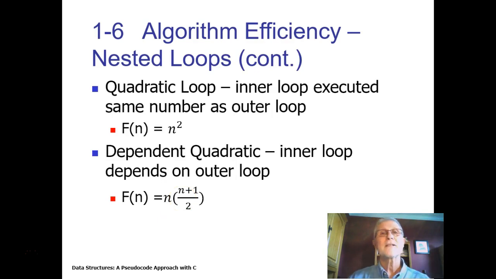There are also cases with nested loops where you could see a quadratic loop, where the inner loop is executed the same number of times as the outer loop. In that case you get n squared. A dependent quadratic loop is where the inner loop depends on the outer loop. I know there's probably more math than most of you care to do, but I want to give you a feel for the different ways of looking.